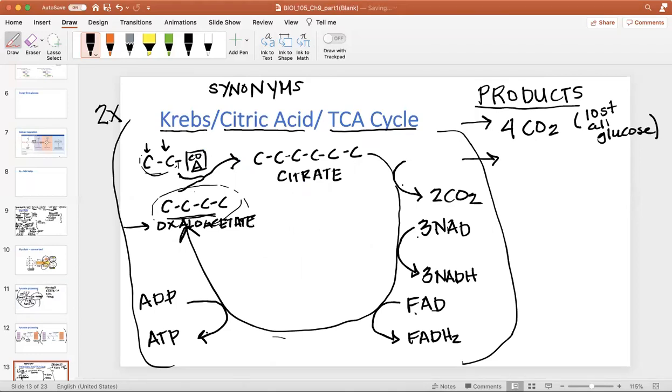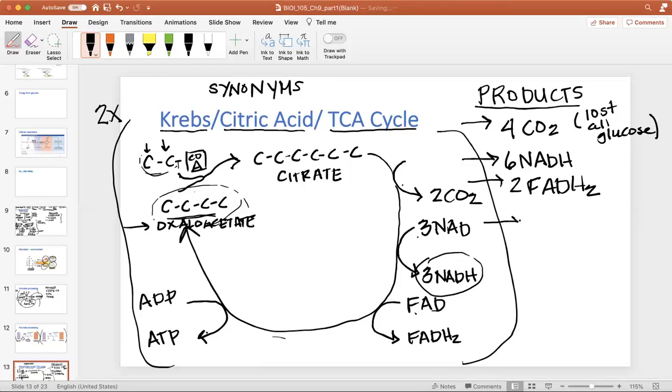This citric acid cycle also results in 3 NADH for each turn. So remember, you've got 2 turns, so you're going to get 6 high energy electron carriers in the form of NADH. You're also going to get 2 FADH2s, because again, this turns 2 times.